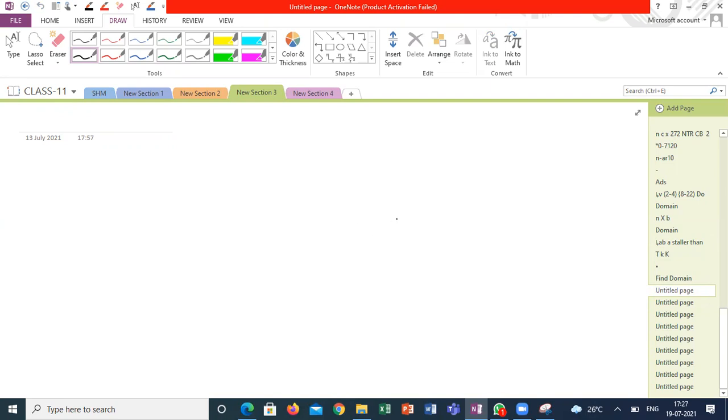There is a question: if f of x is sine inverse of (1 plus x square) by 2x plus root of 1 minus x square, then find its domain. Here you have to know the concept of trigonometry as well as inverse trigonometry. Then only you can solve this question.